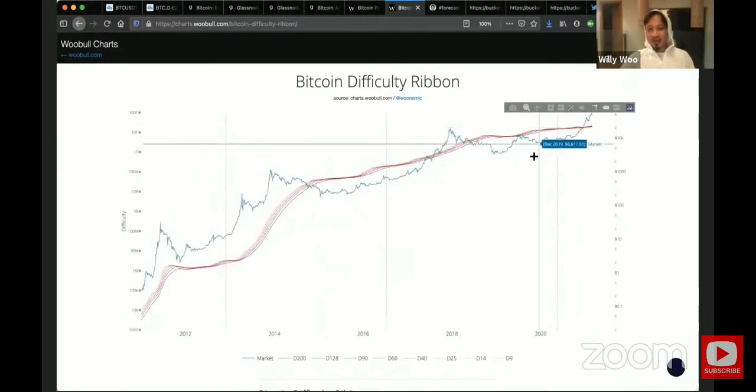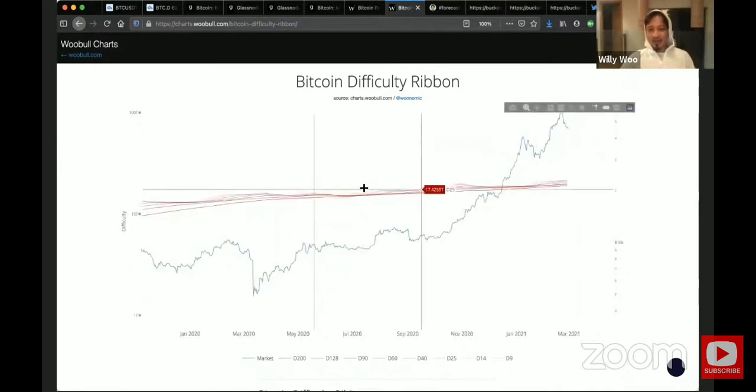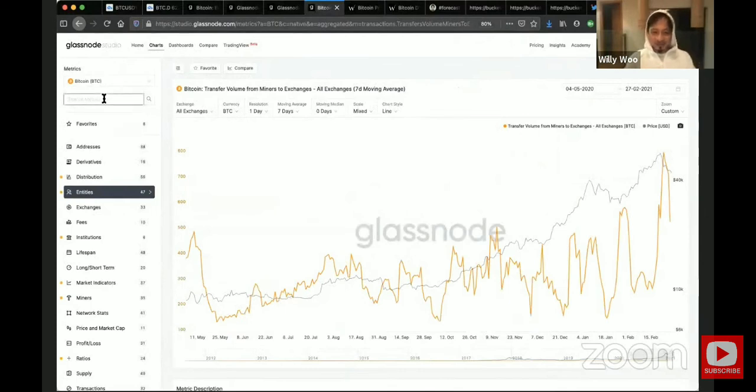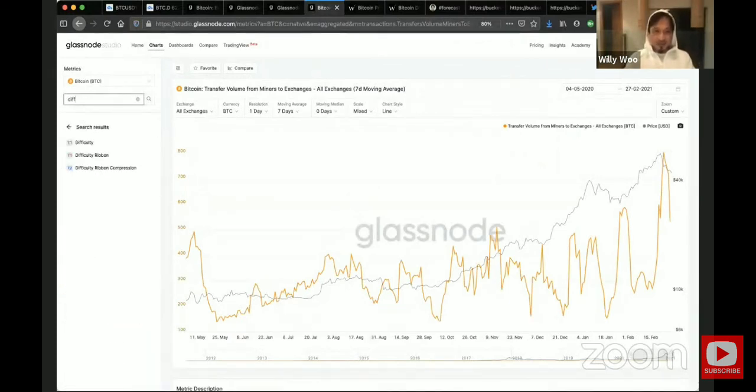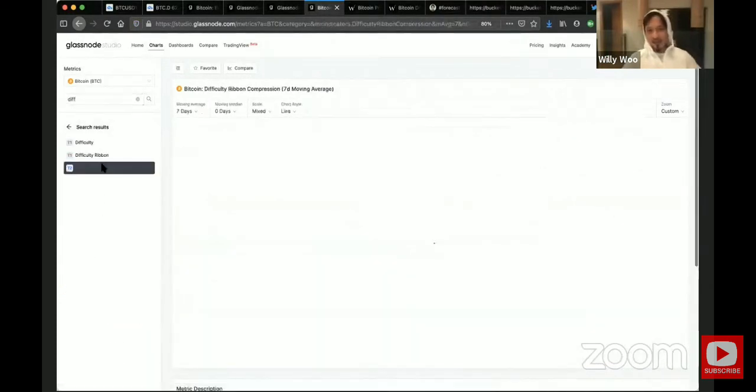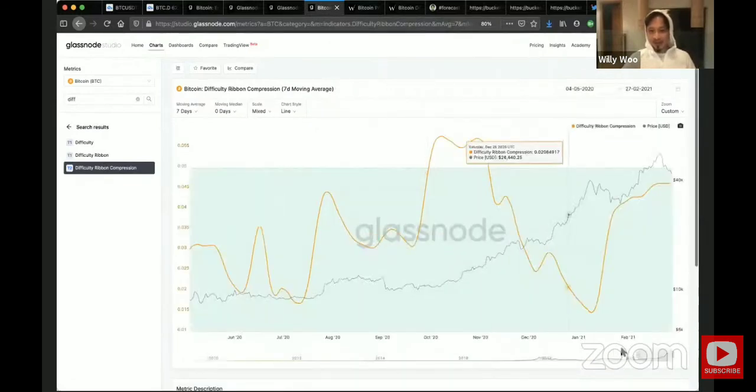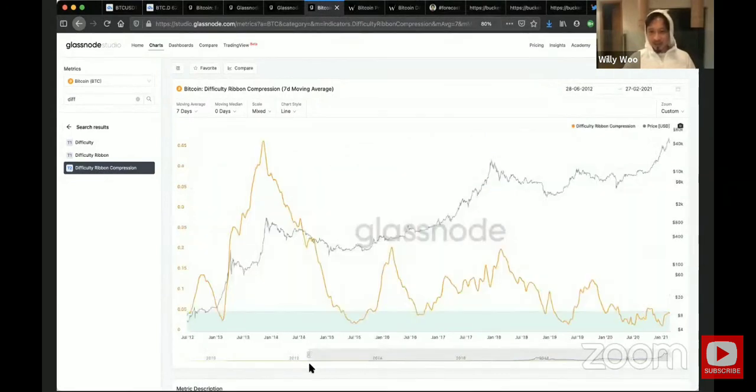I'm seeing a lot of this sort of stuff moving. Glassnode do a good job of this as well. Difficulty ribbon compression. There you go. They've done it onto an oscillator. I've taken that and made an oscillator, so you can see zones where it's dipping. When it dips, you should buy.